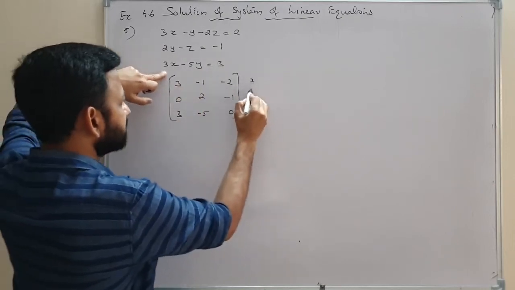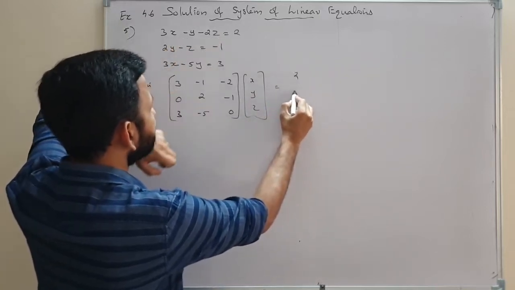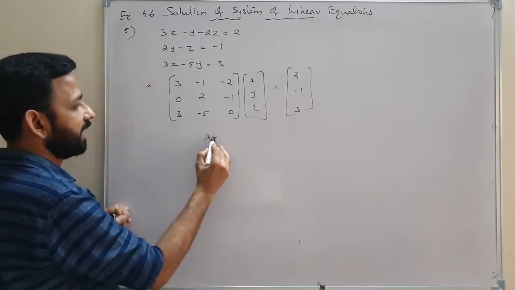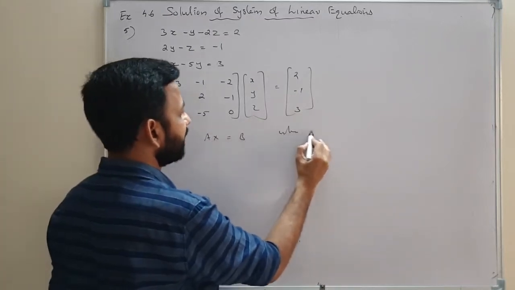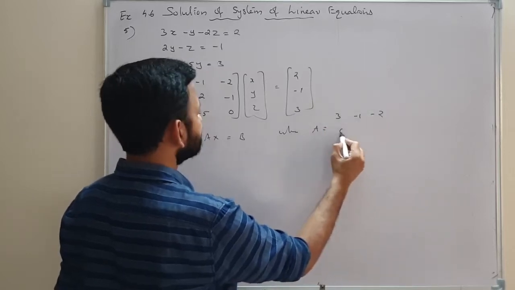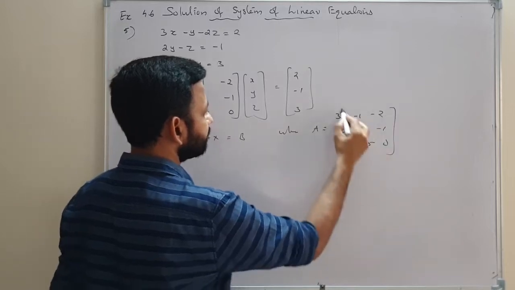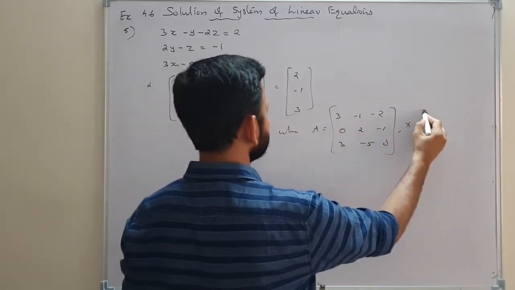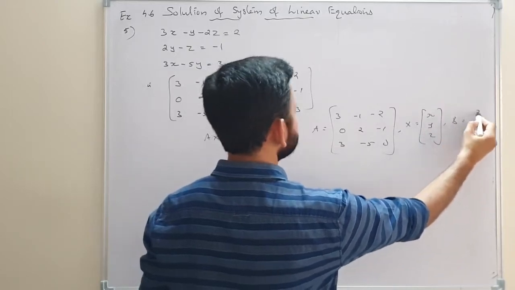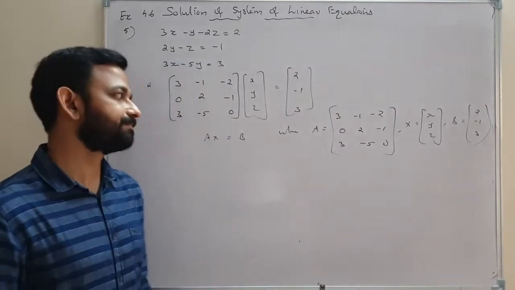Then x, y, z equal to 2, minus 1, 3. That is AX equal to B, where A is equal to 3, minus 1, minus 2; 0, 2, minus 1; 3, minus 5, 0; and X is equal to x, y, z, and B equal to 2, minus 1, 3. So that is matrix equation.